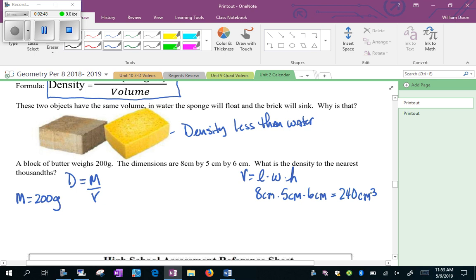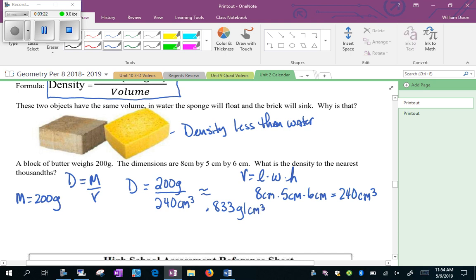So now I can plug in to find my density. It's going to be 200 grams divided by 240 centimeters cubed. So my answer, if I plug that into my calculator, is approximately 0.833 grams per cubic centimeter.